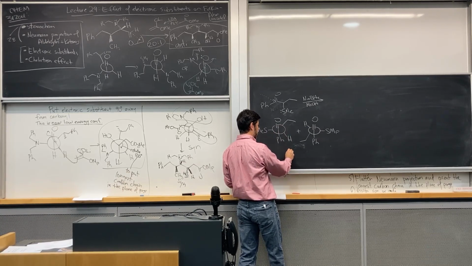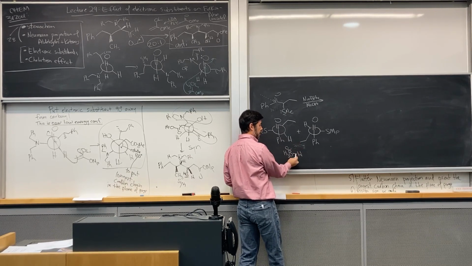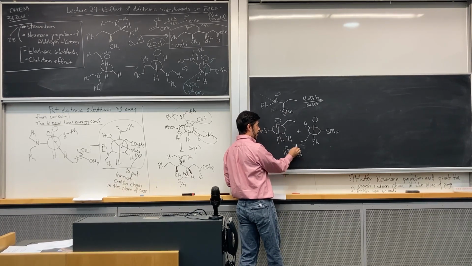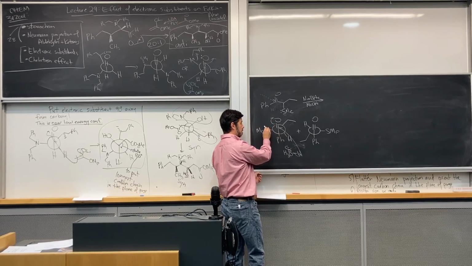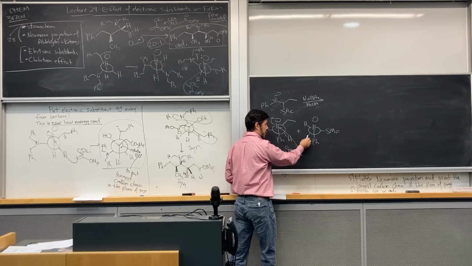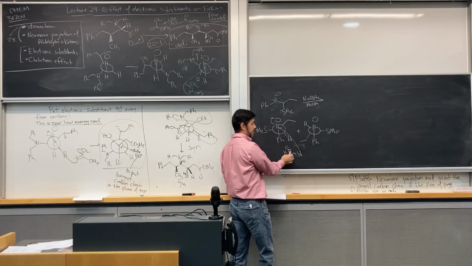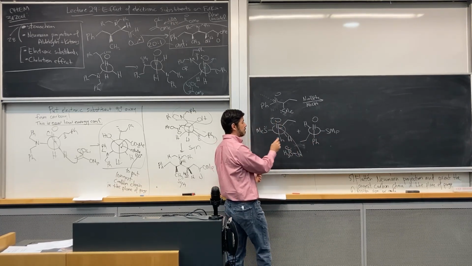So you can imagine your borohydride will attack right here. This one's a little too sterically hindered. This one you have an alkyl chain. So this is the path of least resistance. Let's see what that looks like.